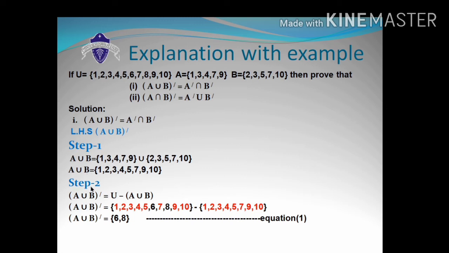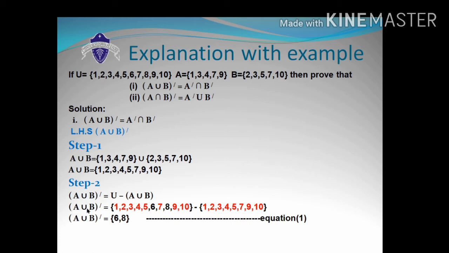In the next step we will find the complement of A ∪ B. So (A ∪ B)' is equal to U − (A ∪ B). Class, this is the formula to find (A ∪ B)'. Because we are finding the complement of A ∪ B, we subtract A ∪ B from the universal set.